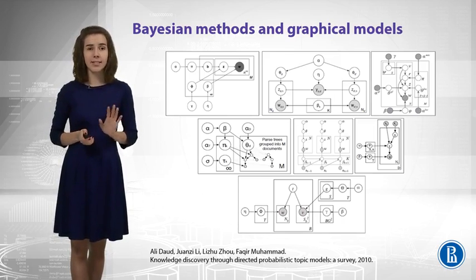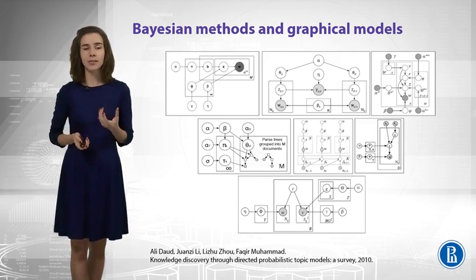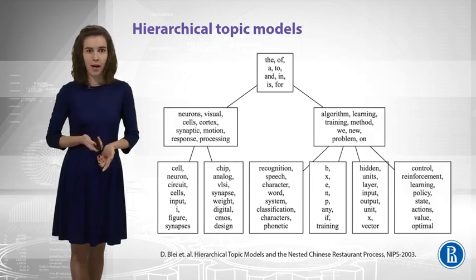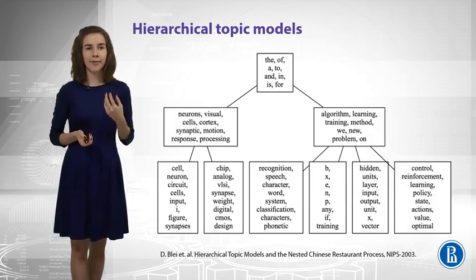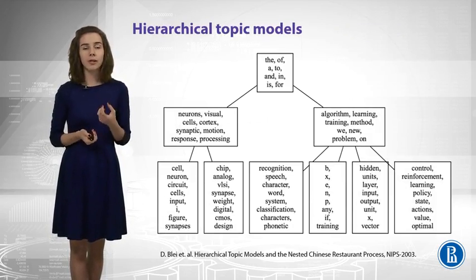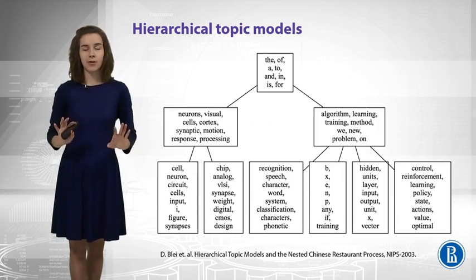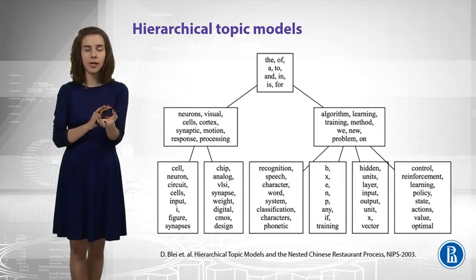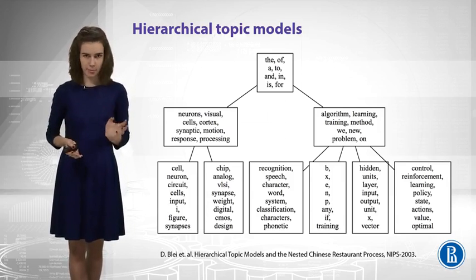And again, let us not go into the math details, but instead let us look at how these models can be applied. Well, one extension of the LDA model would be a hierarchical topic model. So you can imagine that you want your topics to build some hierarchy. For example, the topic about speech recognition would be a subtopic for the topic about algorithms.